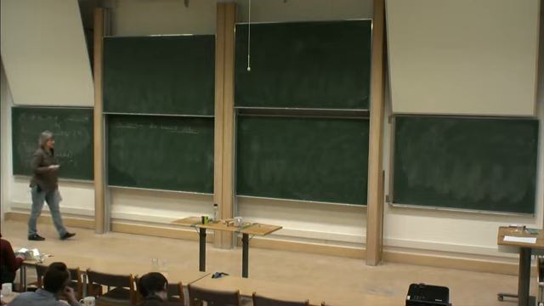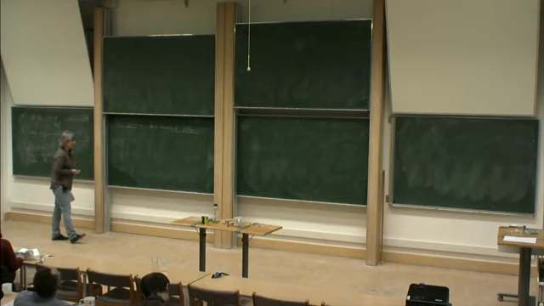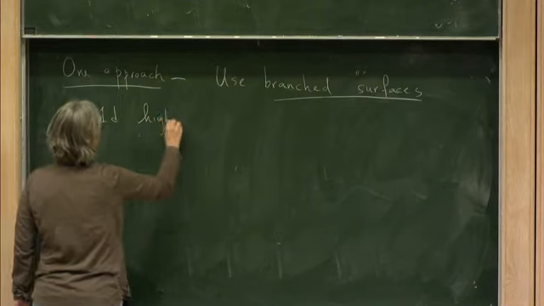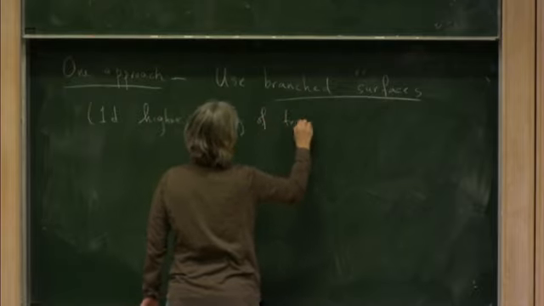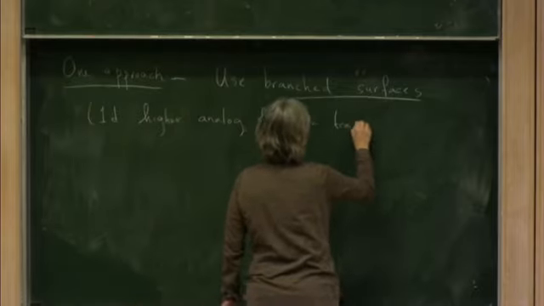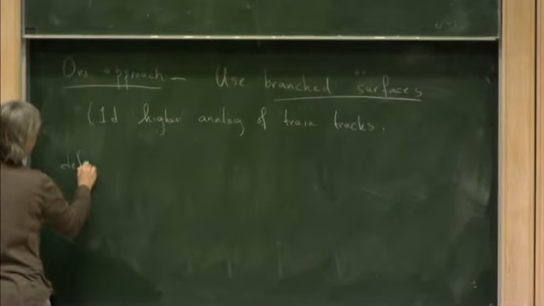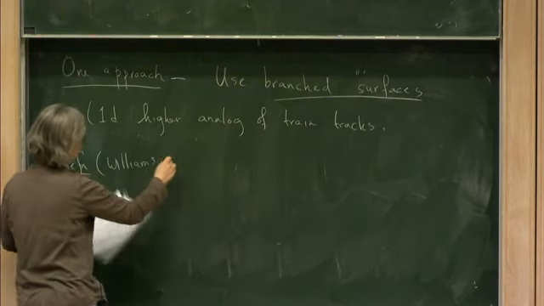So branched surfaces are the one-dimension higher analog of train tracks. And the definition of branched surface is due to Bob Williams, 1974.